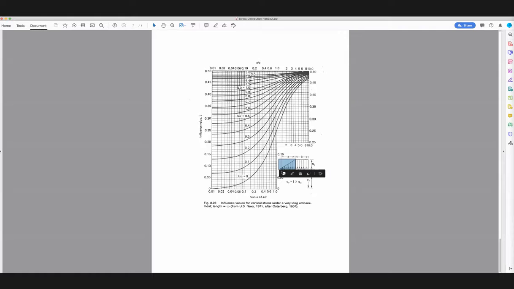But I've seen some standalone charts that work with a wedge type load and other geometries like that. So there are additional graphics and charts and tables and so on available for this kind of thing. But I feel that this 7 pages worth is a pretty good summary of what is available.